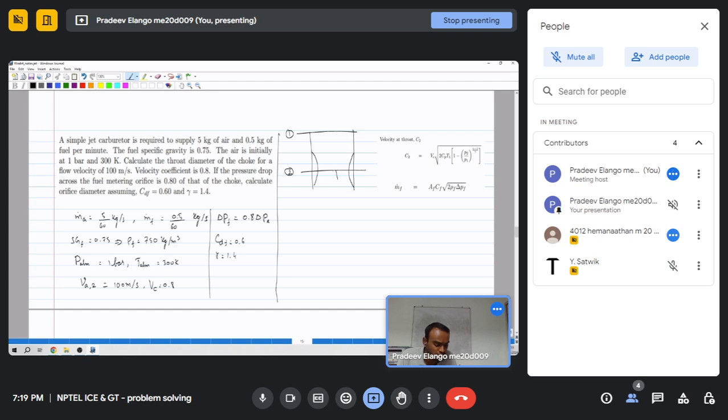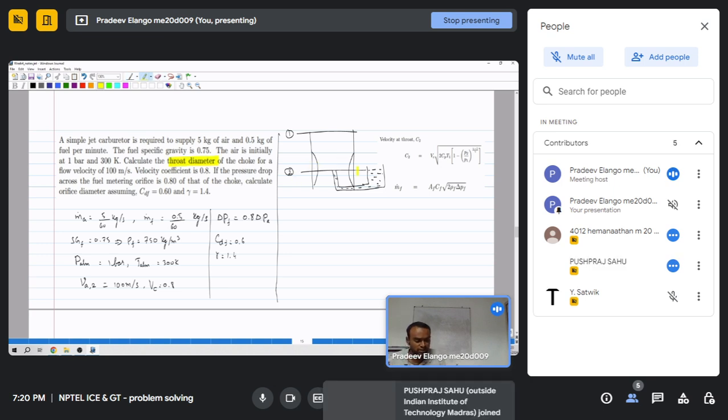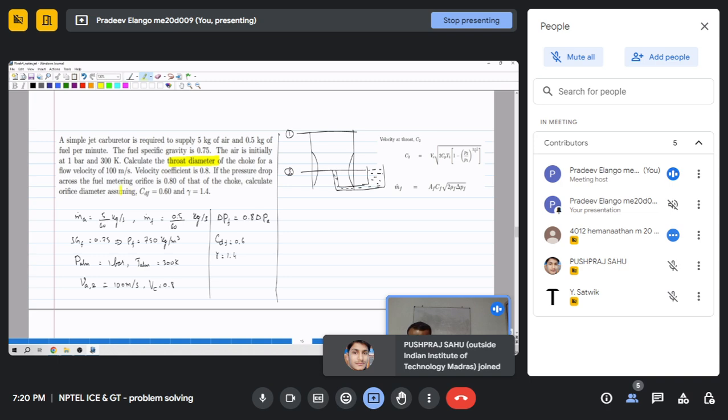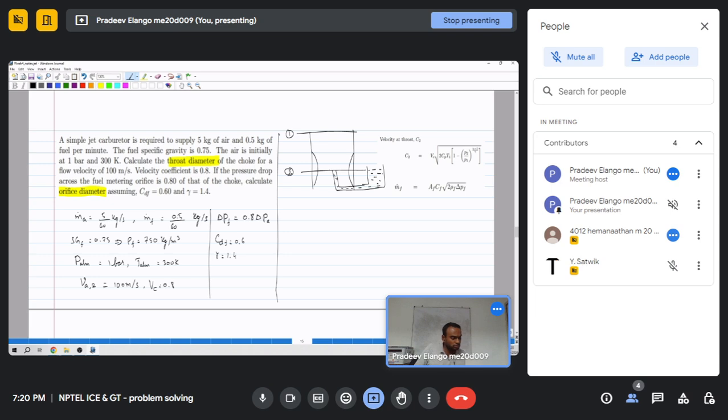And now you have some fuel supplied by a closed chamber. Now we need to essentially calculate the throat diameter, that is where the air flows in, and we need to calculate the orifice diameter. Can you say how we can find it?